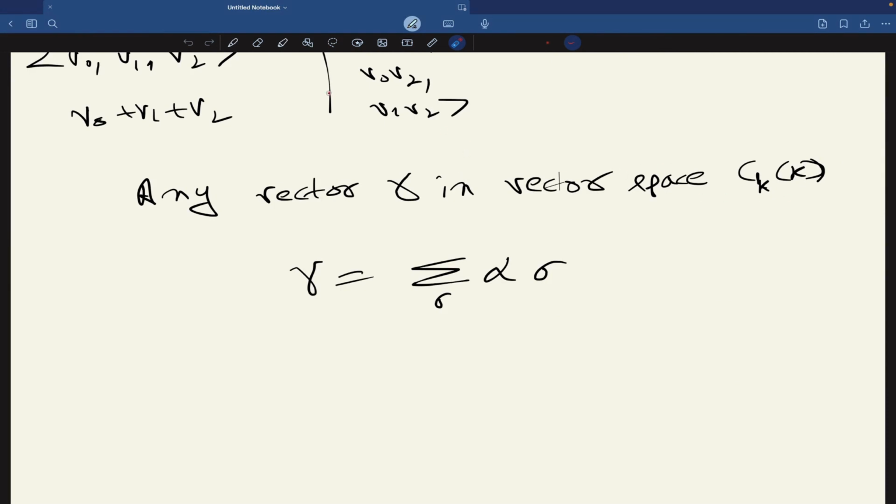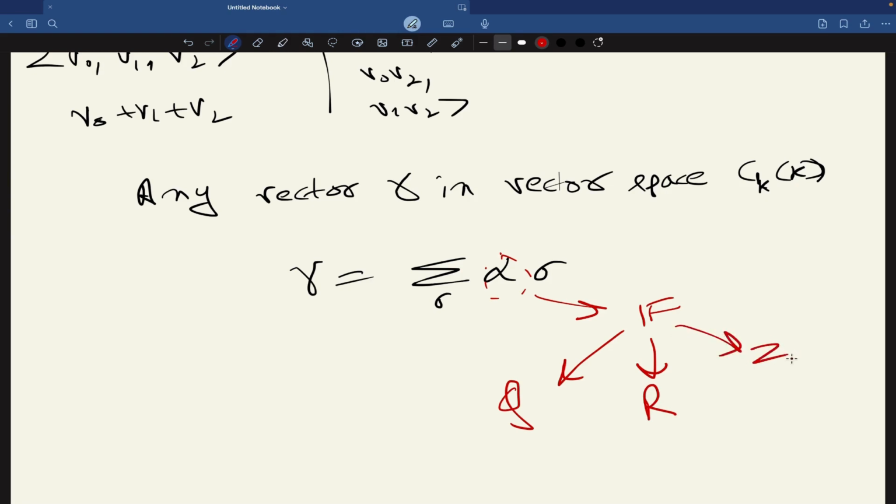Also, you must be wondering from where we are taking these coefficients, which coefficients to choose, and is there any restriction over taking these coefficients? Yes, there is. Basically we take these coefficients from a field F, and that field may be the rational numbers, or the real numbers, or Zp.